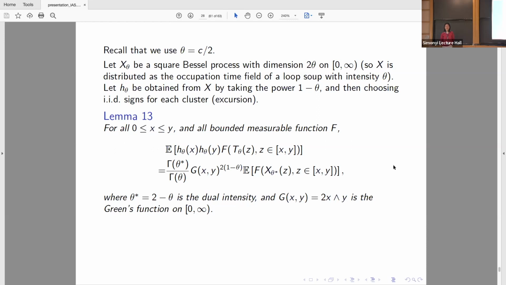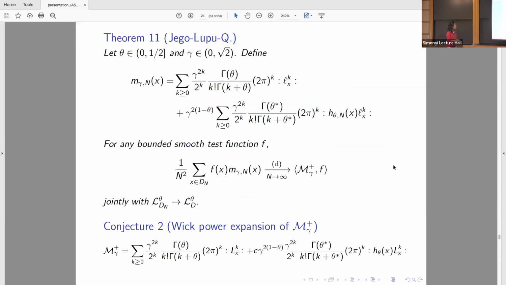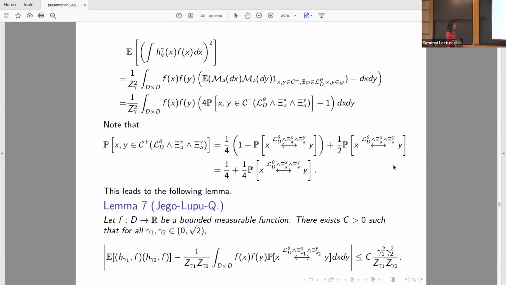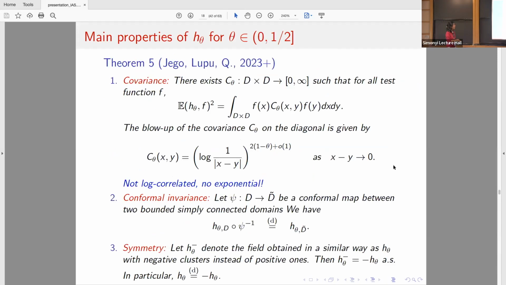So Xin, you also had a question. Yeah, can you compute any correlation function for this h theta? So for the moment, what we know is this C theta asymptotic is this log.